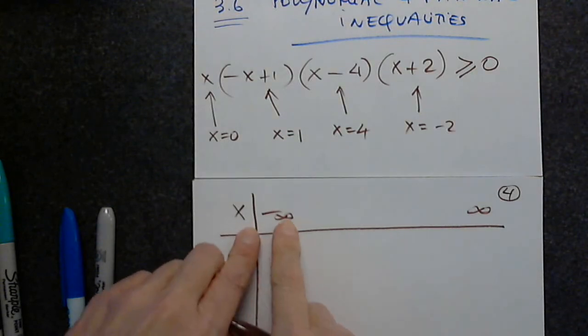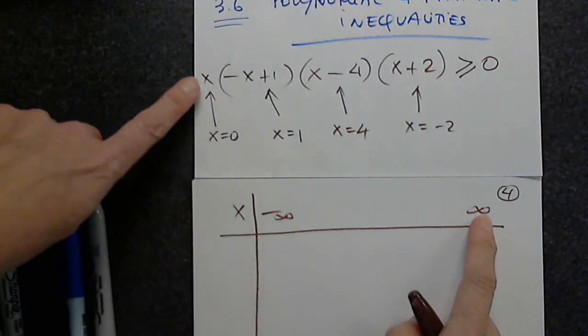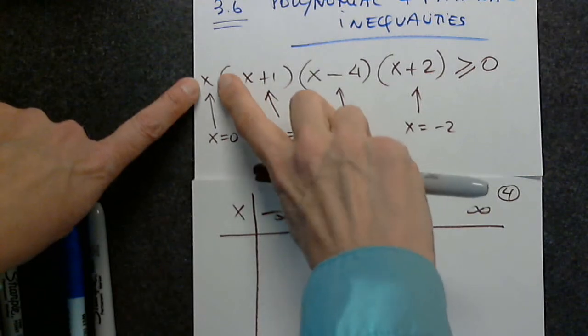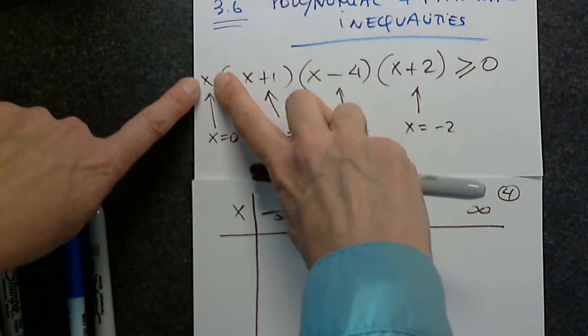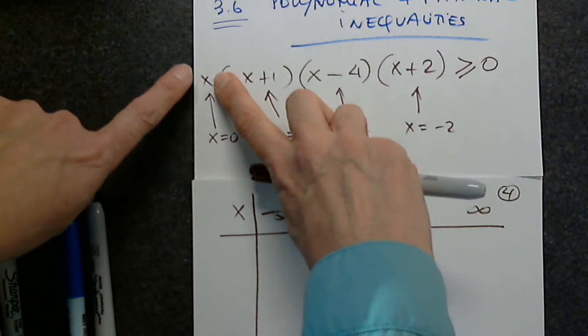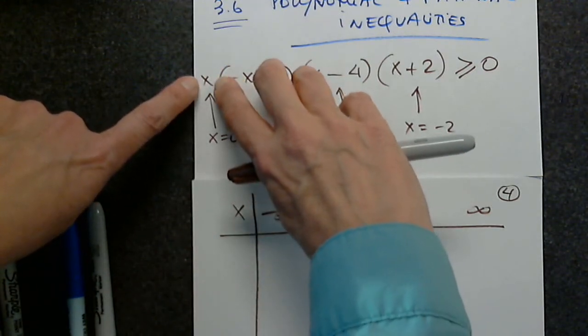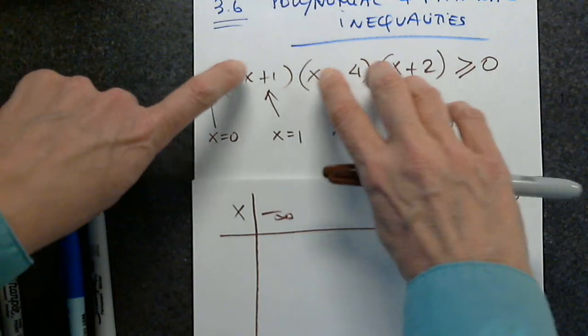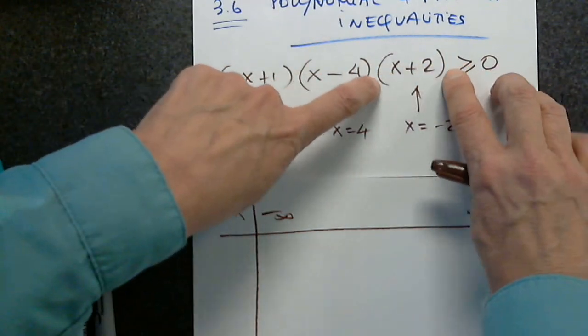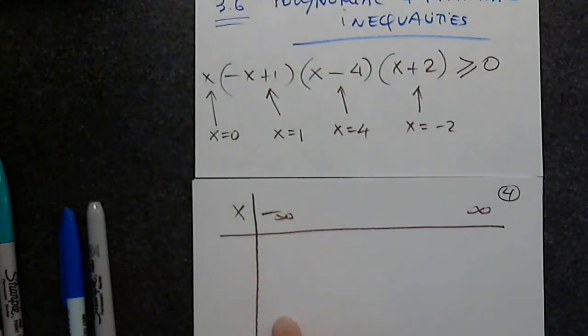So x is between negative infinity and infinity. The next rows will present each and every factor: this is the first factor, this is the second, this is the third, this is the fourth. All of them will be one under the other, and they will have their own row.